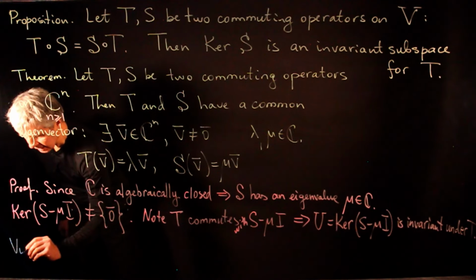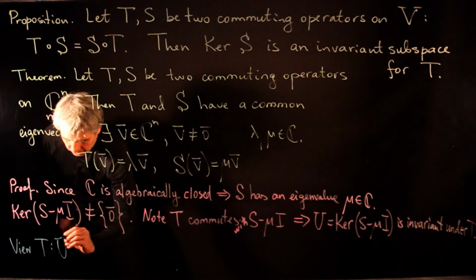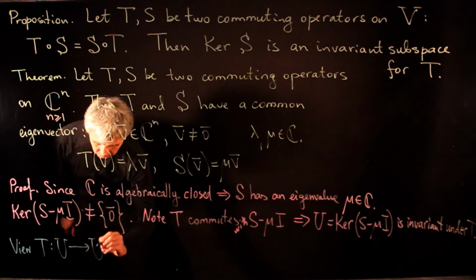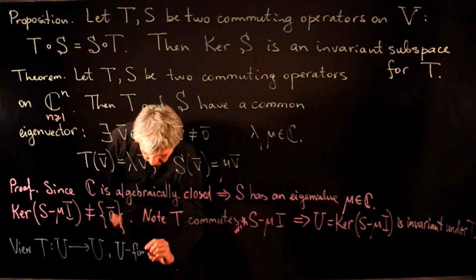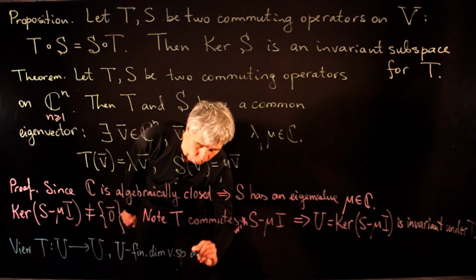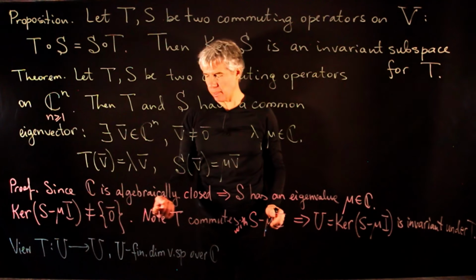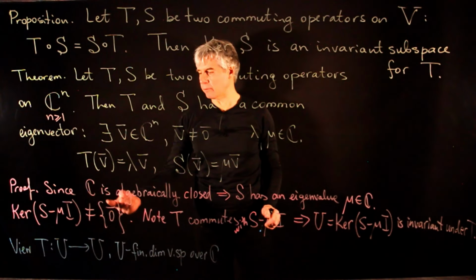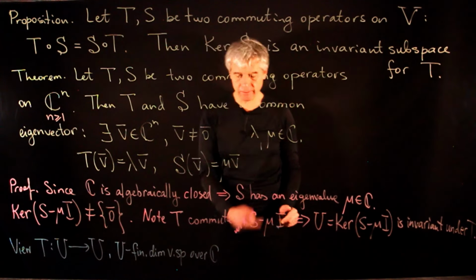Now, view T as an operator on this invariant space U. Here, U is a finite dimensional vector space over the field of complex numbers. And we know that any operator on a finite dimensional vector space over the field of complex numbers has an eigenvalue.